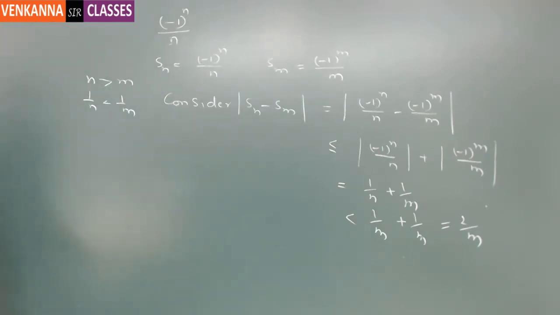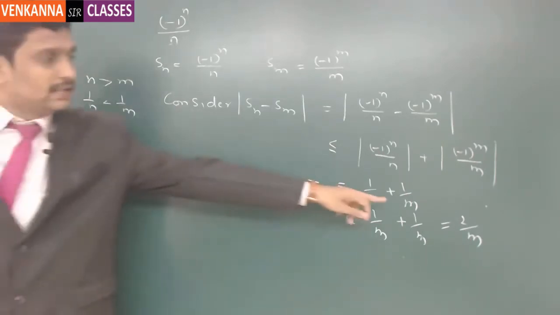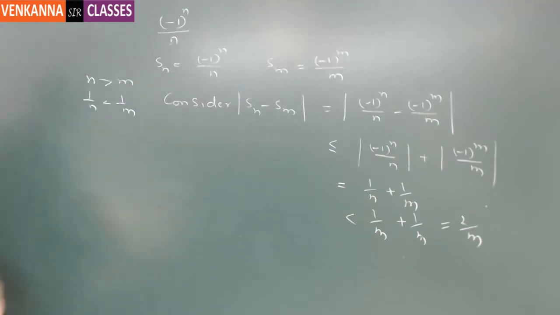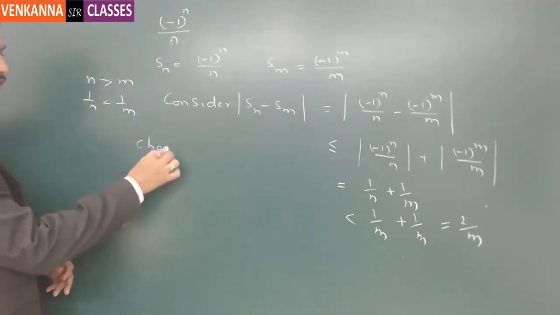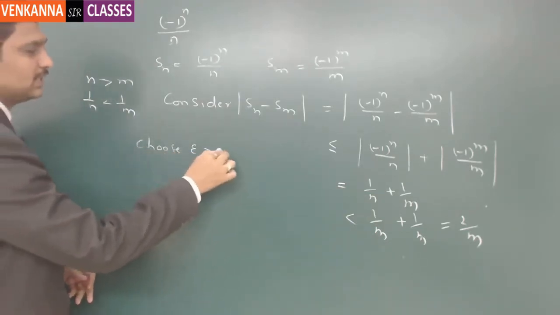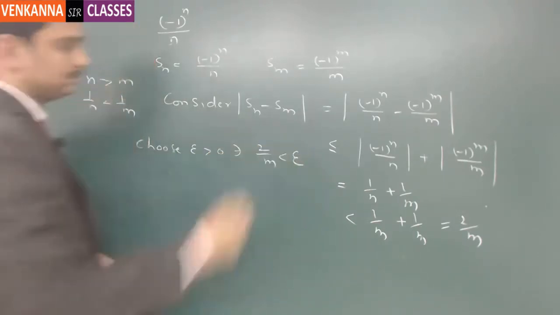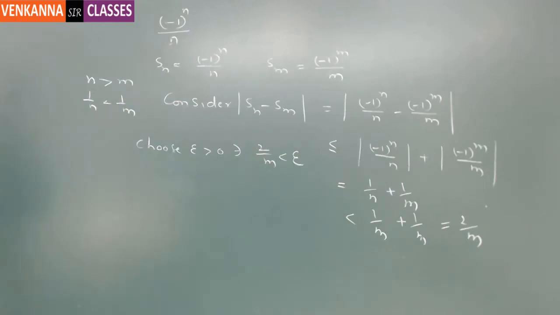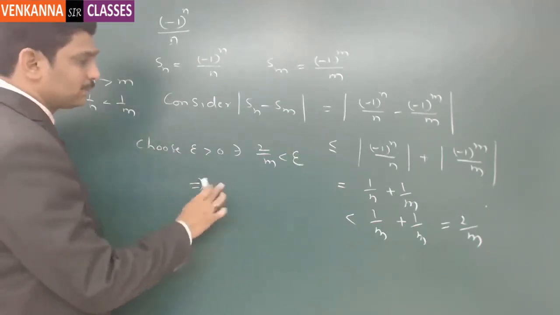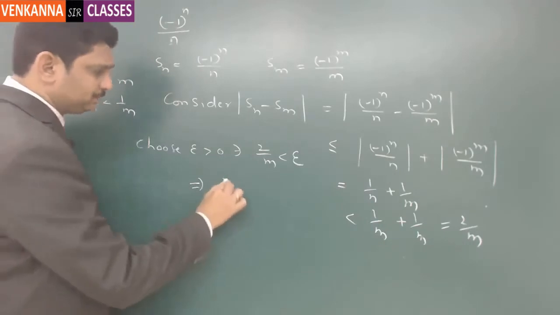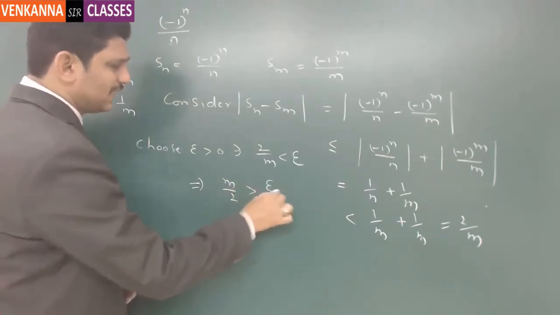Fine. So at this position you choose epsilon greater than 0 such that 2 by m is less than epsilon. Now this must give the relation for us between m and epsilon. So what happens here? This implies m by 2 is greater than epsilon.